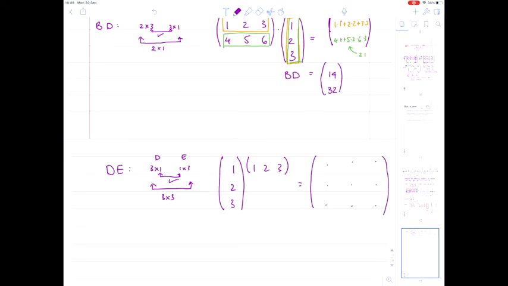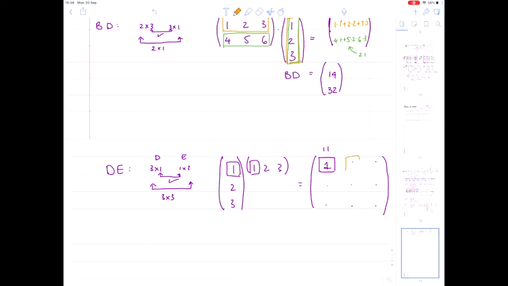So what do we get? Well, our first entry is 1, 1, so it says multiply the first row, which is just this one entry, by the first column, which is just the single value 1. So we've got 1 times 1, which is just 1.